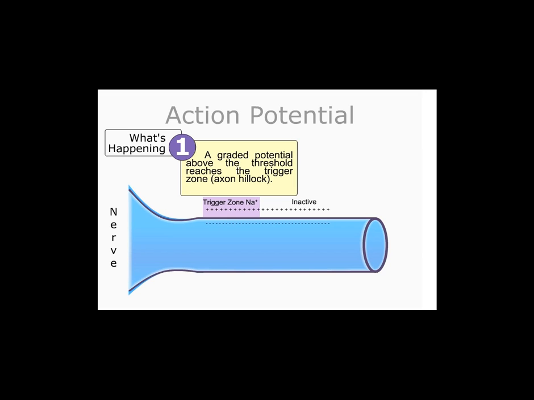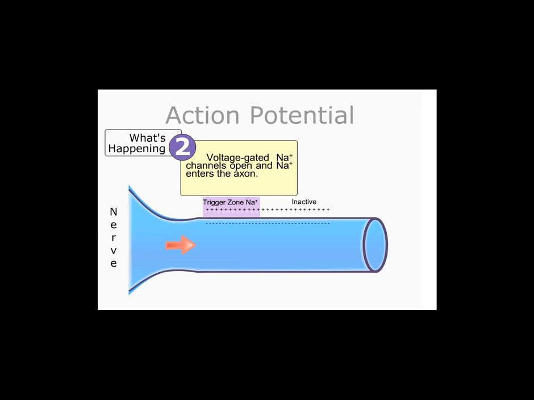In the region of this axon hillock, there's a large number of voltage-gated sodium channels. These are very sensitive and can be opened by a modestly strong graded potential.